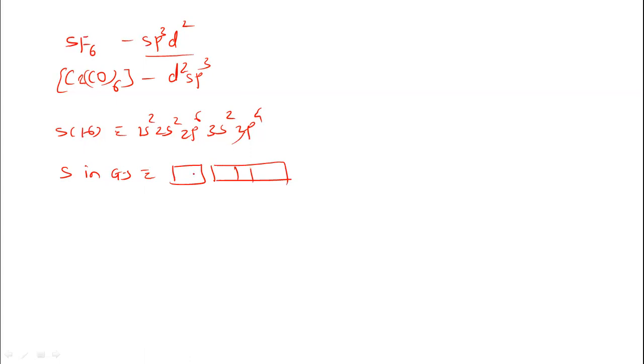Next comes the vacant 3d orbital, which is also there in the valence shell. You can see that in the valence shell of sulfur there are 6 electrons. This is the electronic configuration of sulfur in the ground state.